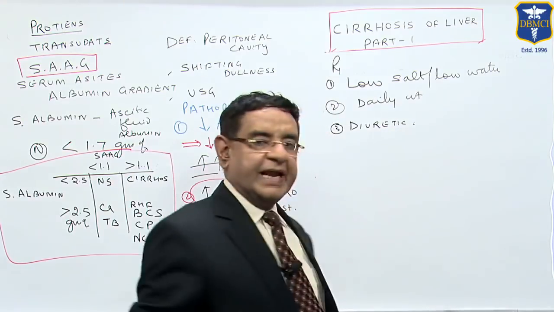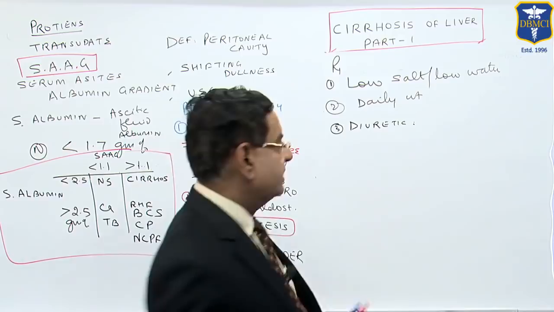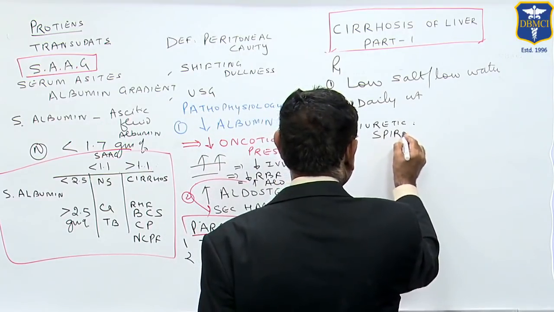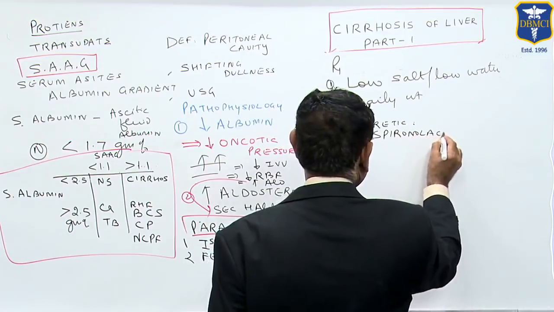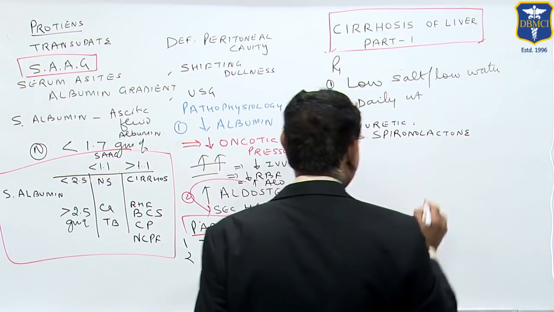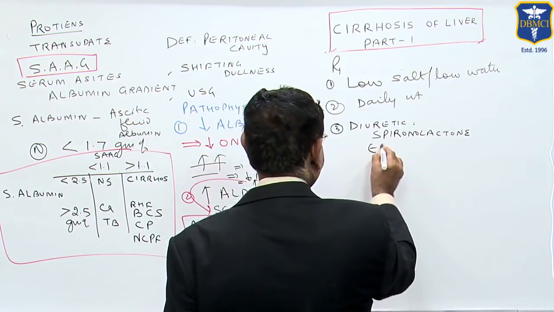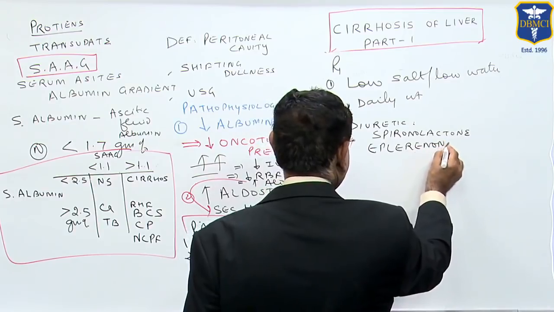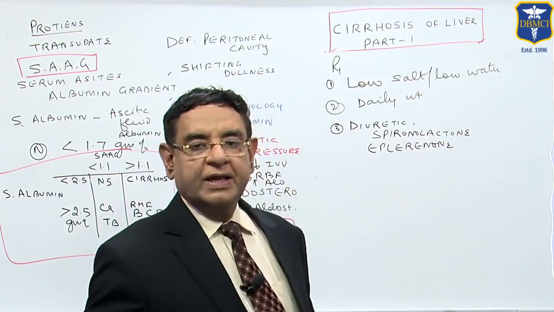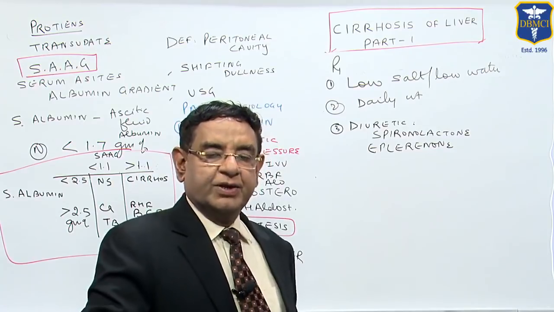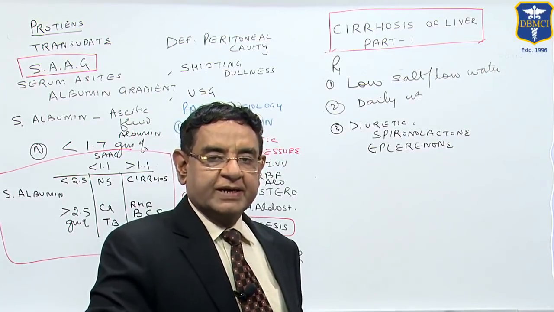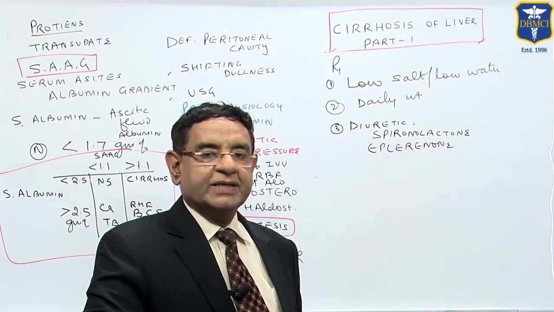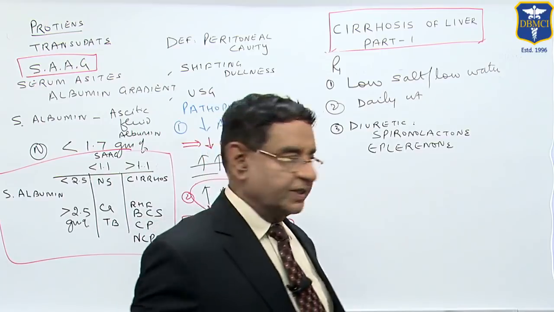Drug of choice is anything which is an aldosterone antagonist. That's why we always use spironolactone, or we can use the new drug eplerenone. Eplerenone is a newer type of aldosterone antagonist, just like spironolactone, but it has one advantage: it does not lead to gynecomastia.